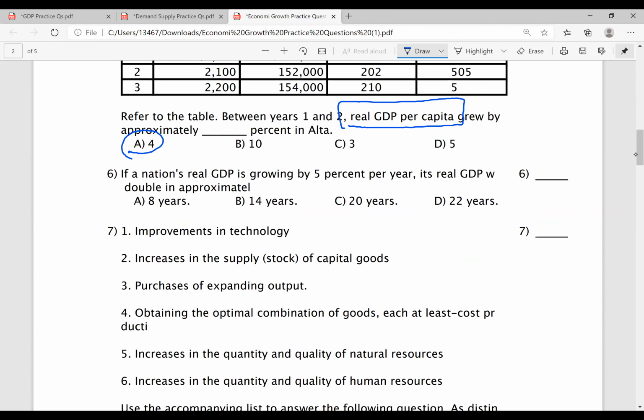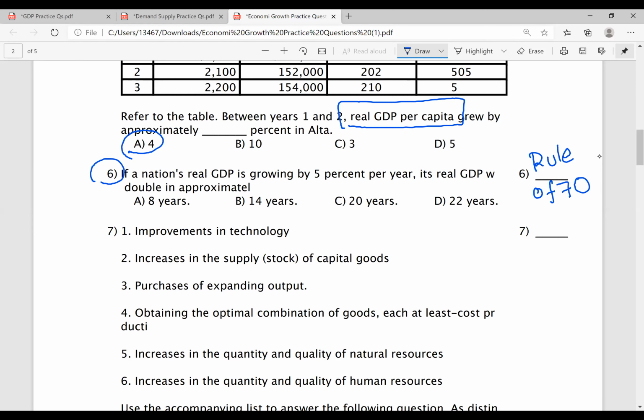Okay. All right, take a look at question number 6. We have something called the rule of 70. And this question is based on the rule of 70.